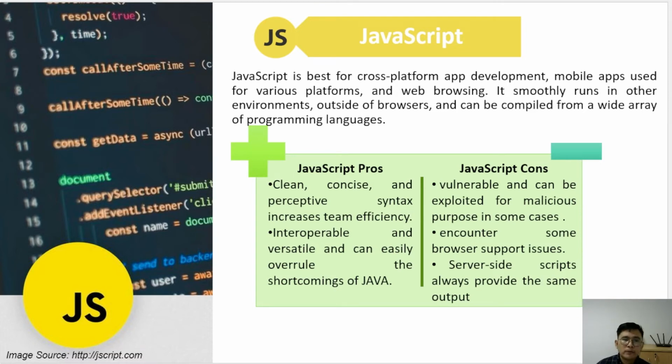This kind of programming language could run smoothly in other environments, even outside of browsers, and it could be compiled in a wide array of programming languages, which means it could be installed or even used combined with other programming languages as well.